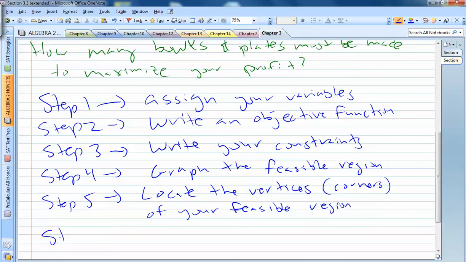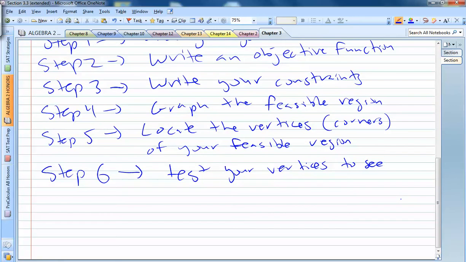And then step 6: test for profit. Test your vertices to see which one gives an optimum value.